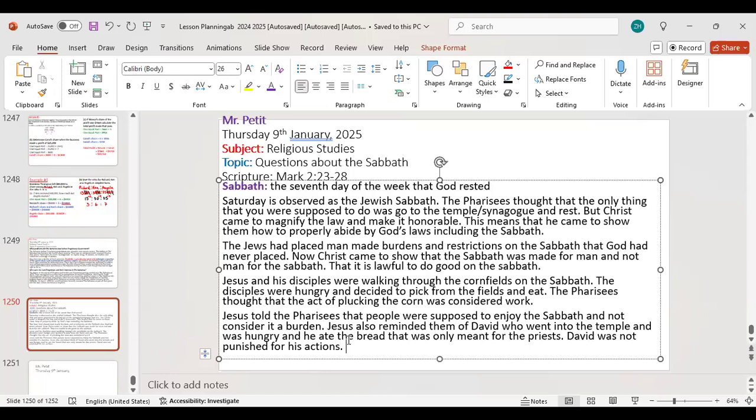So Jesus is telling them, hey, listen, David, when he was hungry, he went to the temple and ate the bread that only the priests were supposed to eat, and he was not punished, right? So Jesus is telling them that they're missing the bigger picture, right? And the bigger picture is that you're not supposed to be overly obsessed with man-made laws.